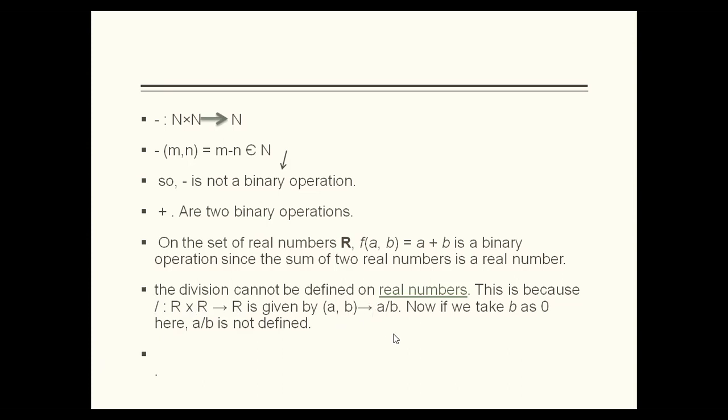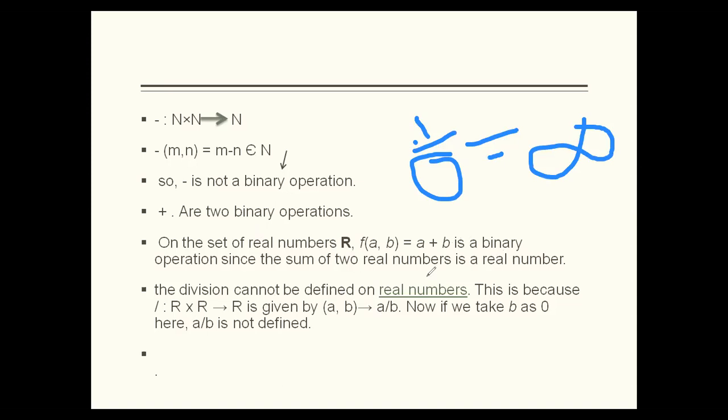Now if we take b as 0 here, because you know 0 is included in the set of real numbers, and when we put 0 instead of b, then it is undefined, because when we divide something by 0, it is undefined.